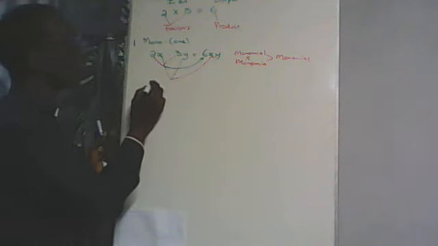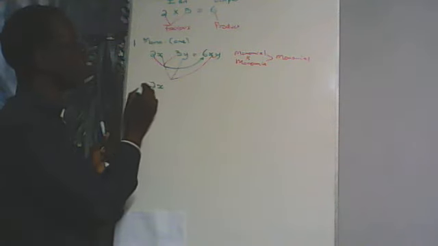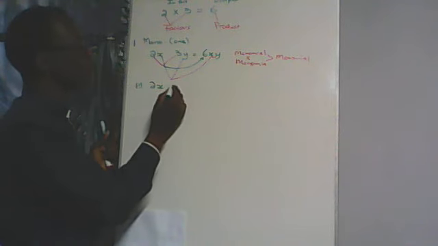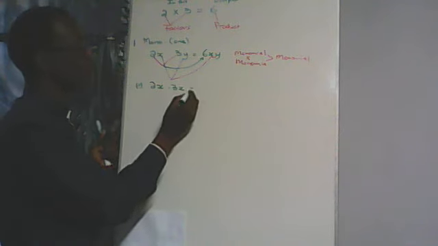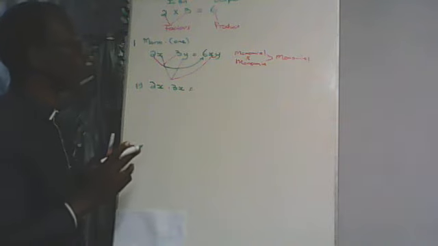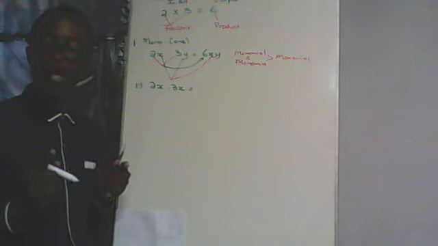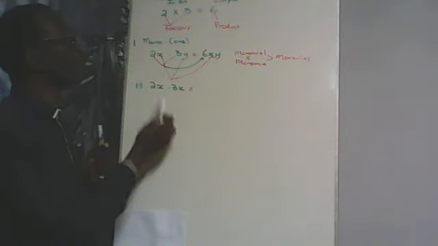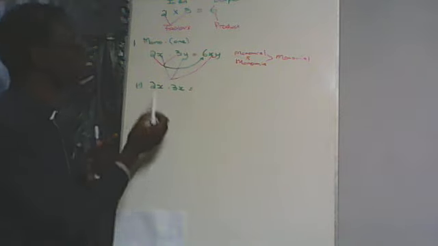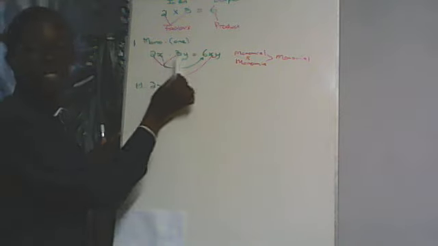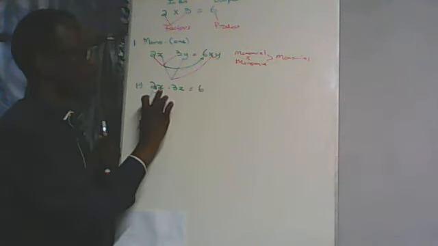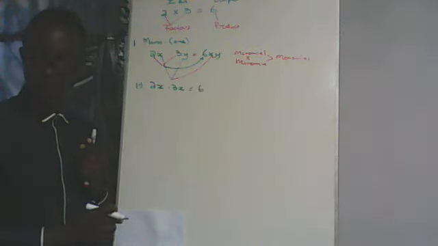Now, let's take another monomial. Let's take 2x multiplied by 3x. Here we are going to involve what we call the exponents. But first of all, let us start using our method. We start first by multiplying the numerals, and that will give us 6. We multiply x by x.